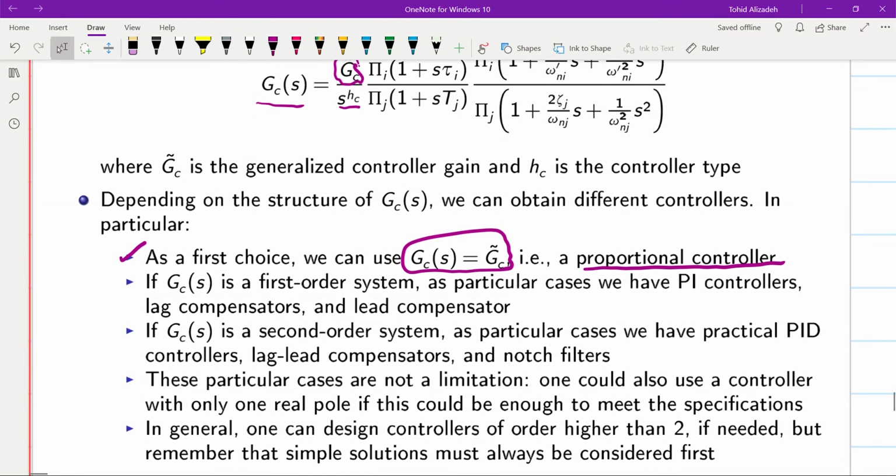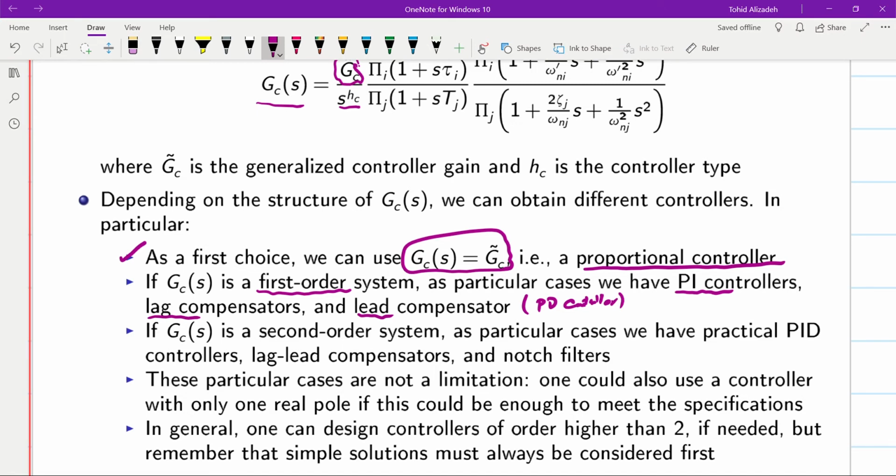If the proportional controller isn't enough, we will have the first order controller. The special cases for the first order controllers are PI, lag, and lead as the practical ones, and the PD controller as the ideal one. So PD is also a controller, but it is not practical or realizable.